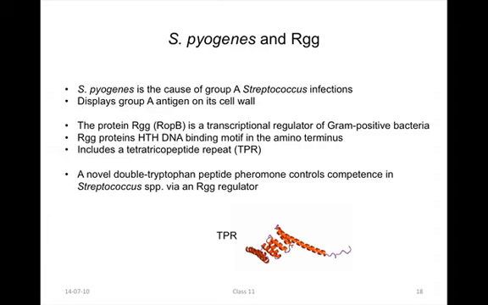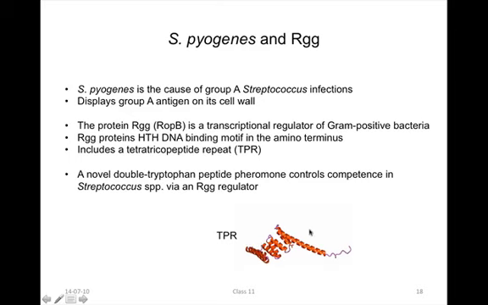Another name is RopB. It's another transcriptional regulator. It has a helix-turn-helix DNA binding motif in the amino-terminus, and it includes what's referred to as a tetratricopeptide repeat. And I just gave a Wikipedia example of what that is there.